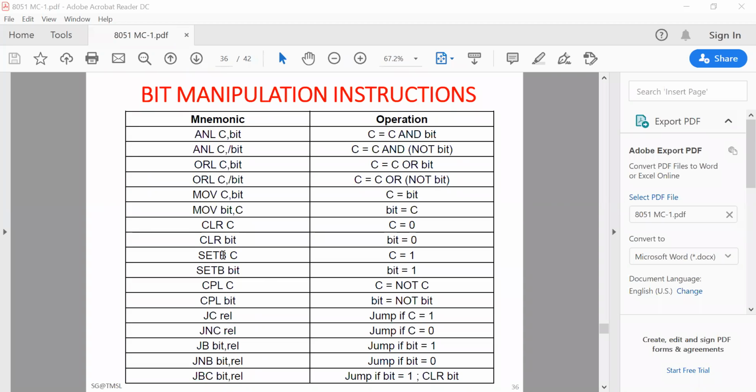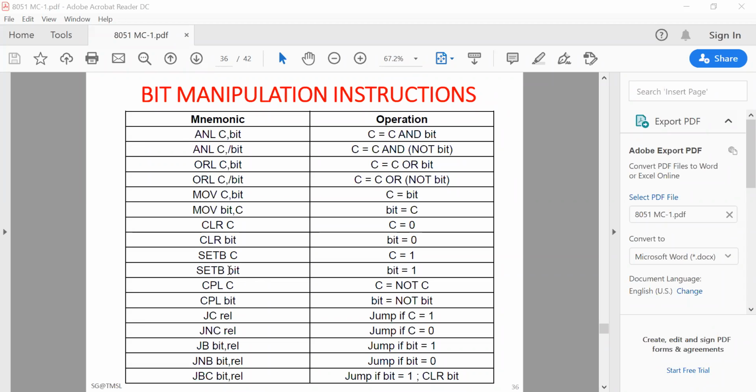So SETB C sets the carry bit to 1, or set a particular bit, like port. I have already given that SETB P0.0 means port 0, the first bit, that should be 1.